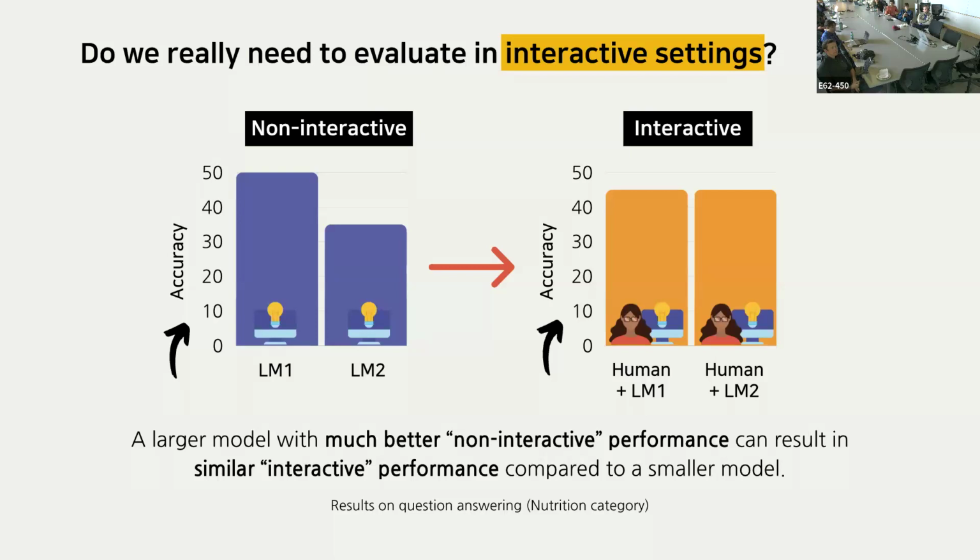So we see that although language model 1 performs way better than language model 2 in the non-interactive setting, they actually perform similarly when human users are interacting with them. So if you're designing a system for that setting, it might be useful to consider using a smaller model that might be just as good as language model 1.